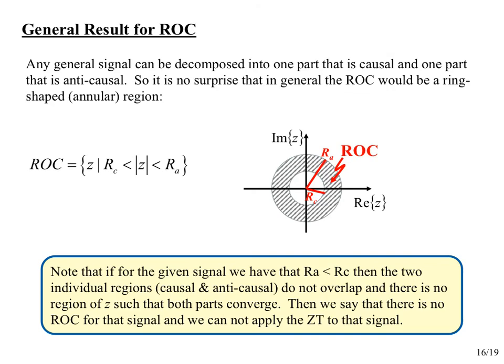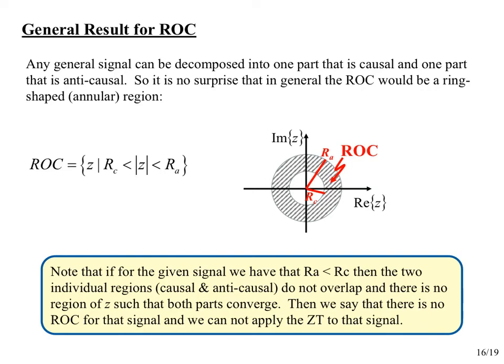Okay, so we can now use those two results and say we can get a general signal by decomposing it into a causal part and an anti-causal part, and those two would then get added together to create the general signal. And so it should end up being a combination of these two types of region of convergence results. One is the area outside a circle, and the other is the area inside a circle.